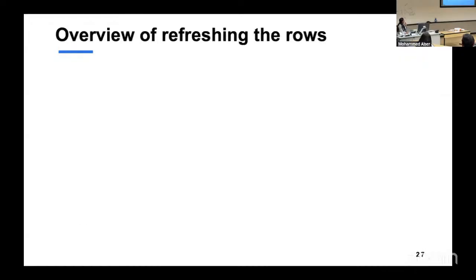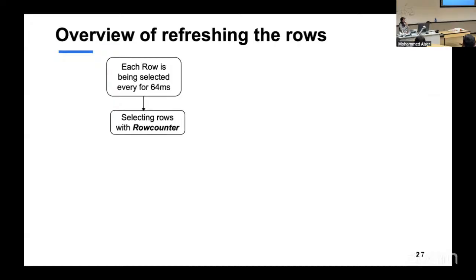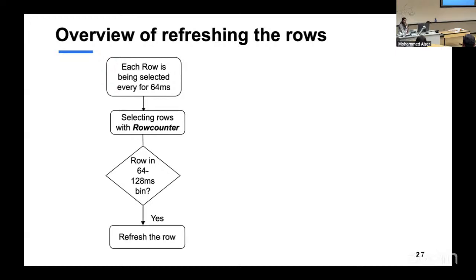So let's have an overview of refreshing the rows. Here, each row is selected every 64 milliseconds, and this row is selected by the row counter. So it selects rows with the row counter, and then it checks whether the row is in the 64 to 128 bin. If yes, it will refresh that row.